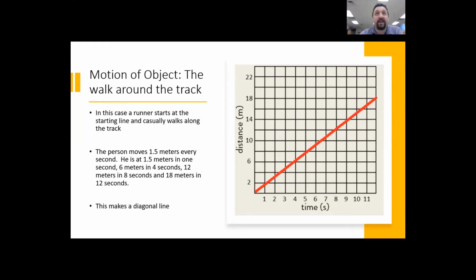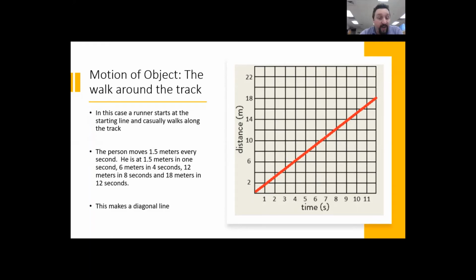This person is traveling at a constant speed. We know this is a constant speed because it's a straight line. And we can find how fast they're moving by finding points on the graph where it lines up. We can find those points at 6 meters in 4 seconds, 12 meters at 8 seconds, and 18 meters at 12 seconds.